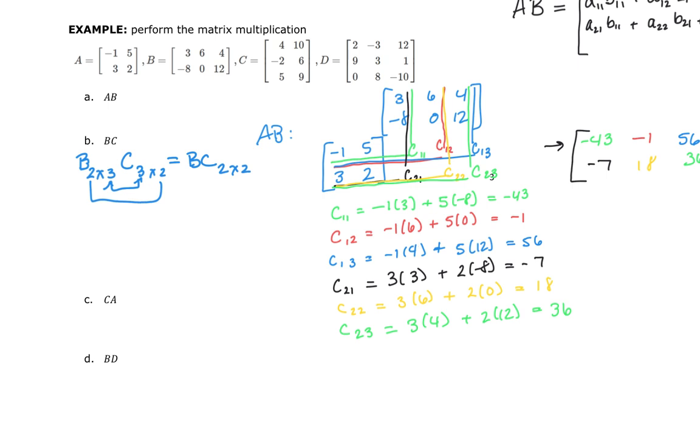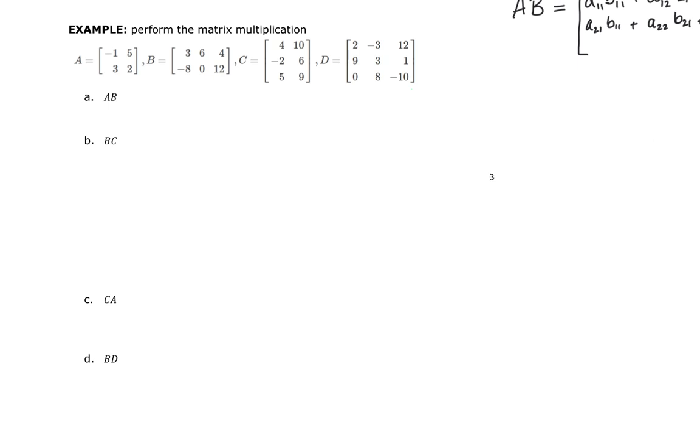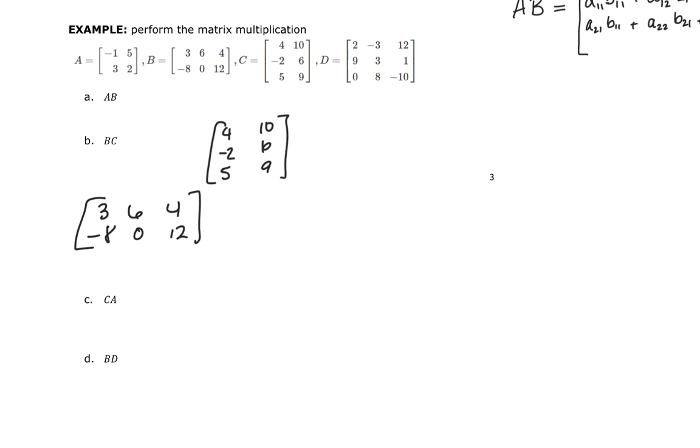So let's go ahead and do that multiplication. I'm going to erase all of this. Since we can do this, I'm going to write my B matrix down to the left: 3, 6, 4, -8, 0, 12. This is my B matrix. And then I'm going to put my C matrix up here: 4, -2, 5, 10, 6, and 9.